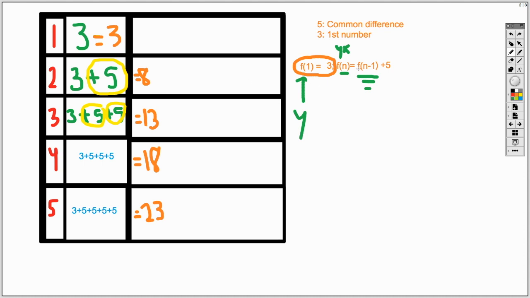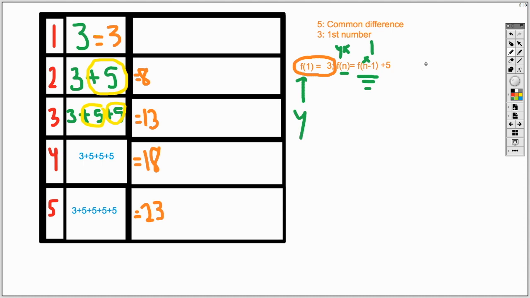So if I want to find my second number, I do 2 minus 1, which is 1. Then I do 1 times 5, because yes, we're adding 5, but that's only when we're doing the table.